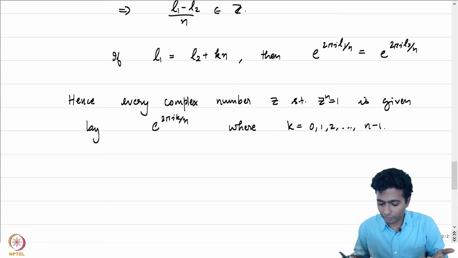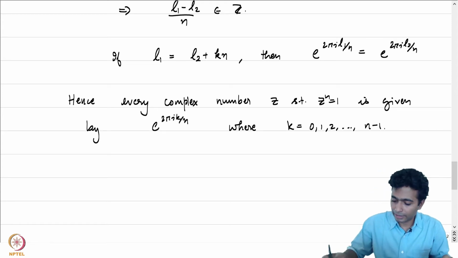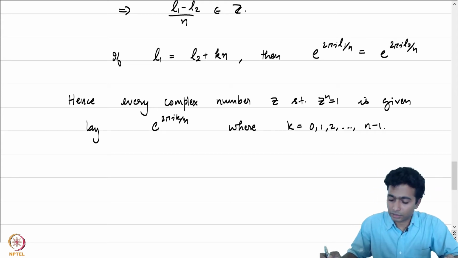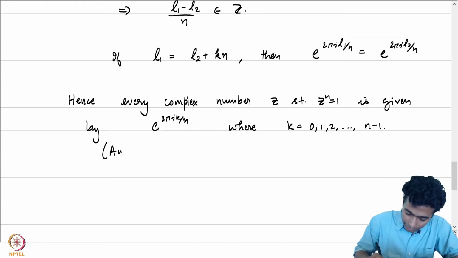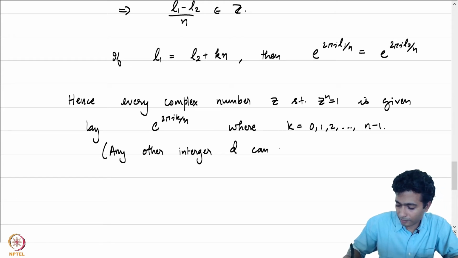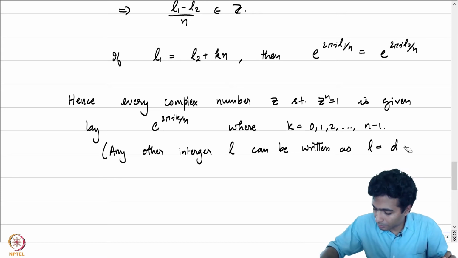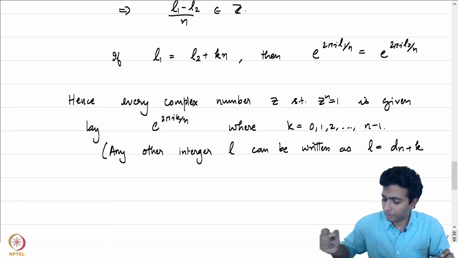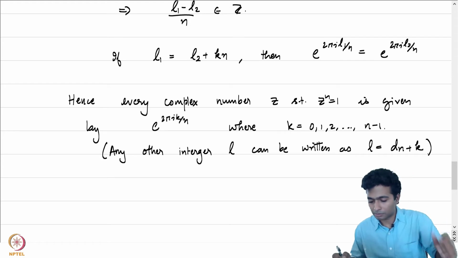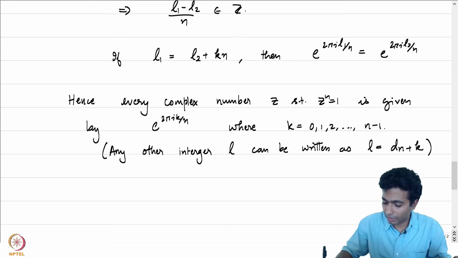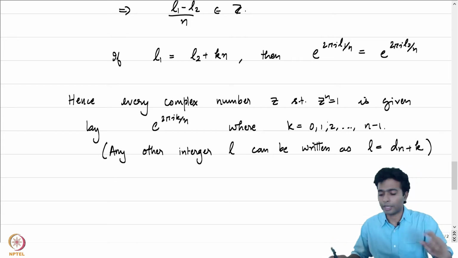Notice that if L is any other integer, we can write it by a Euclidean division. L can be written as L is equal to d times n plus k, where d is some divisor and k is the remainder, where k is in 0, 1, 2, 3 up to n minus 1.